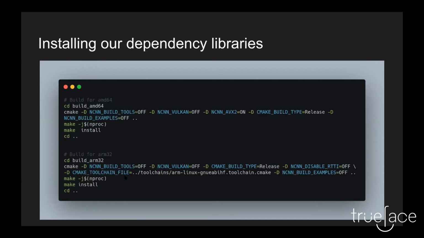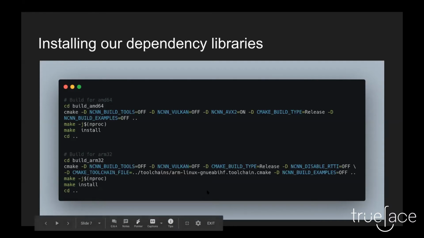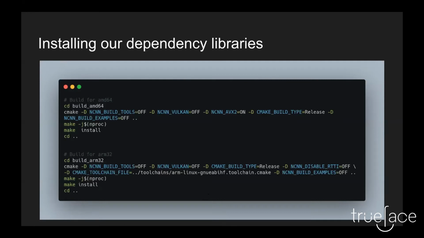Basically, it's telling CMake what cross compiler it should use in order to compile that library. So later in the presentation, I'll be touching more on what a cross compiling toolchain looks like. But just for now, I want you to see what one of the install scripts looks like. We have a similar build script for OpenCV. We can go ahead and run these, and now we should have all our dependency libraries installed.